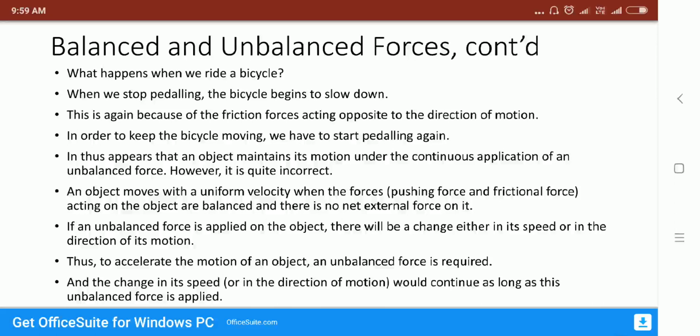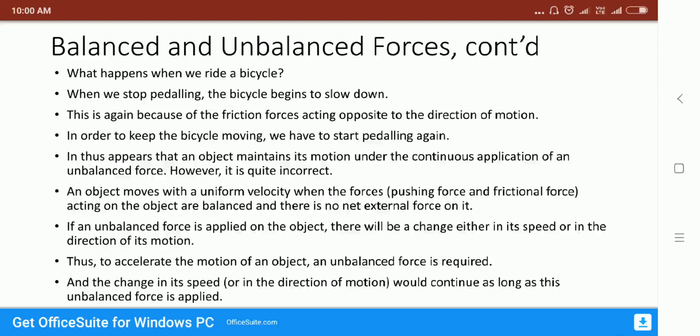So now the frictional force gives an opposite force to the bicycle, opposite to the direction of the motion, right? So what do we need to do if we want a continuous motion condition? Pedaling should be available to keep the bicycle in motion.